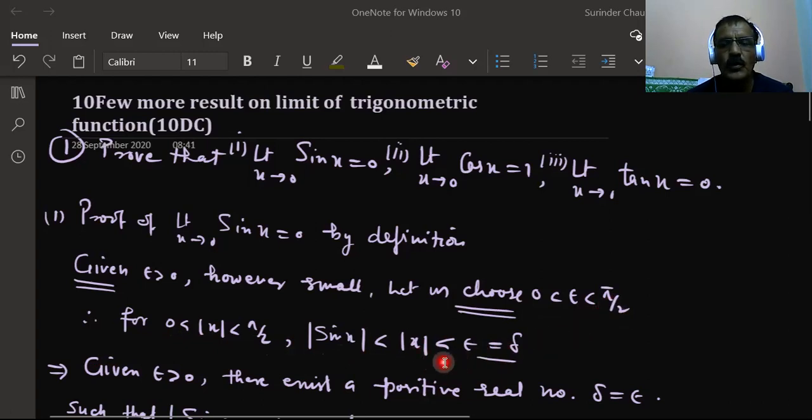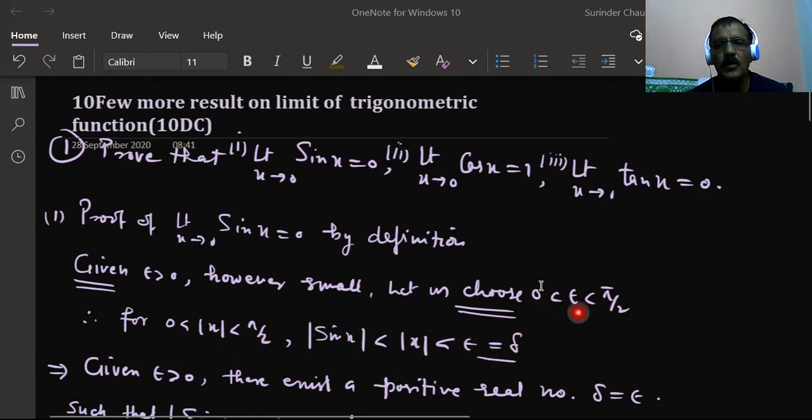Therefore, here modulus x is less than pi by 2. So if this relation is less than epsilon, we take epsilon equal to delta. Epsilon equal to delta means epsilon is lying between 0 and pi by 2, and modulus x is also less than pi by 2. So this is the relation between delta and epsilon.